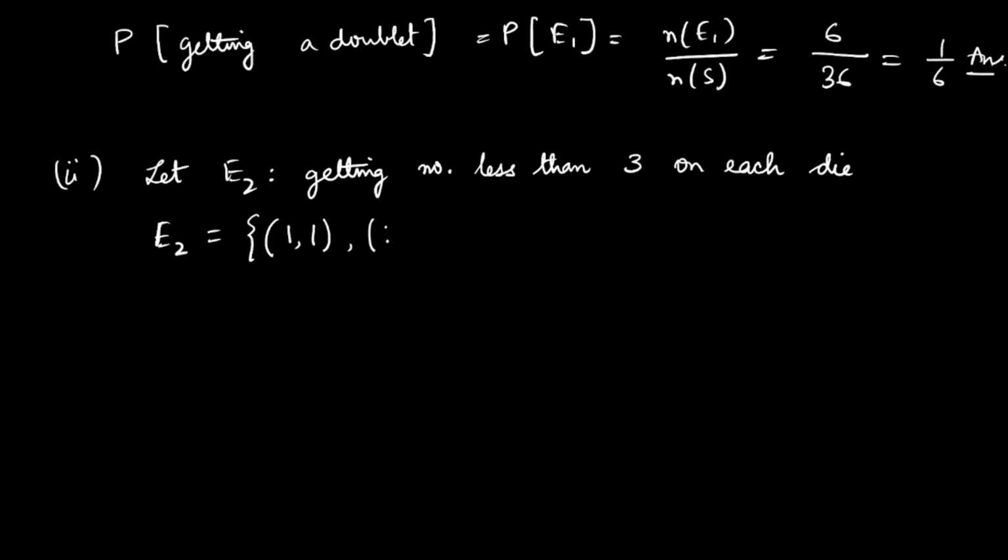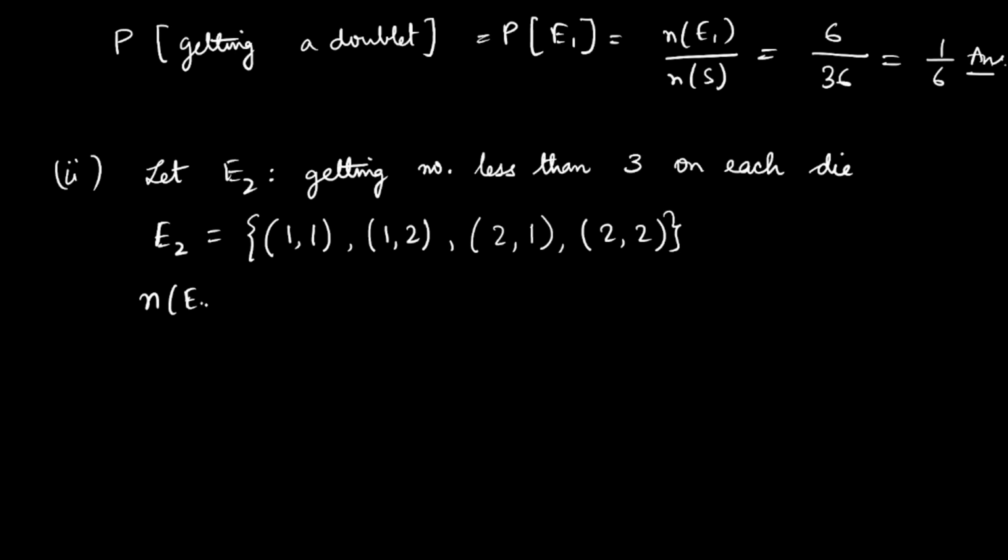In the first throw you got 1, in the second throw you got 2. You can't get 3, right? Or 3 or more than 3 because you have to get the number less than 3. So now in the first throw of the die you got 2, in the second throw you got 1. In the first throw you got 2 and in the second throw you got 2. So no other combinations are possible.